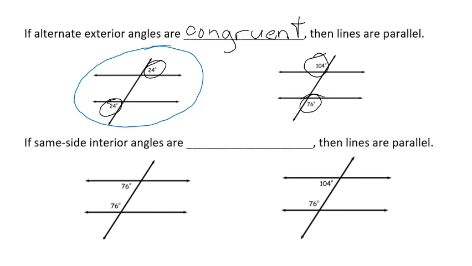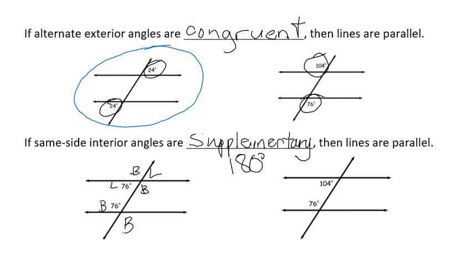Now this one's different. If same side interior angles are supplementary, and remember supplementary means they add up to 180, and that's because of this. If we were to label our BB, LL, BB, LL, these two would not work because 76, see how they're a B and an L?